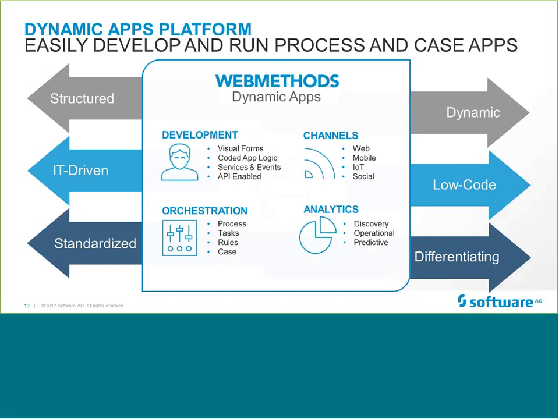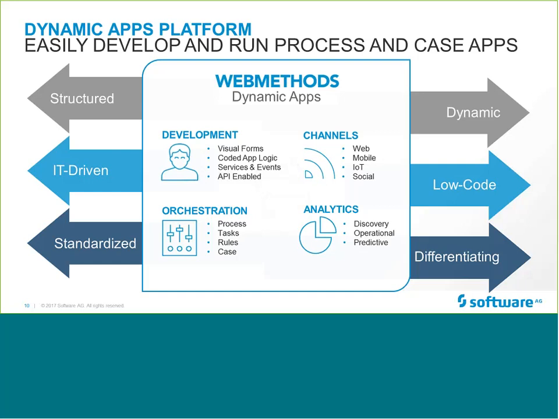So the apps platform actually brings you such a capability. It is visual forms, coded logic, and API enablement, through which you can access the backend systems, which is ubiquitous connectivity, as I call it. Orchestration, that's another important piece of the puzzle, where you can have structured processes, tasks, rules, and cases associated with it.